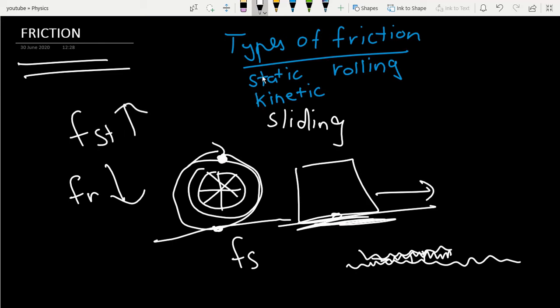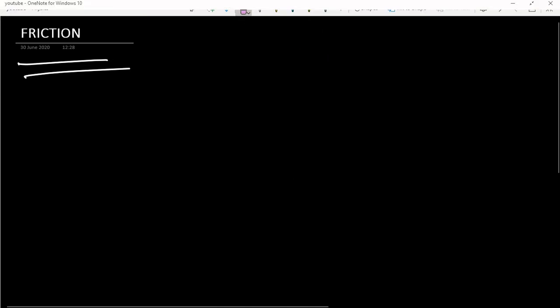And kinetic friction depends upon the shape of the object, so we can derive something like that. The value of static friction is higher than the value of kinetic friction, which is higher than the value of rolling friction. So the value of rolling friction is the least, whereas the value of static friction is the most.